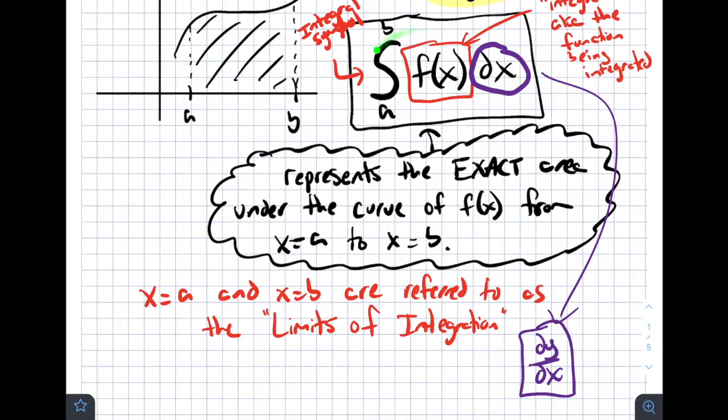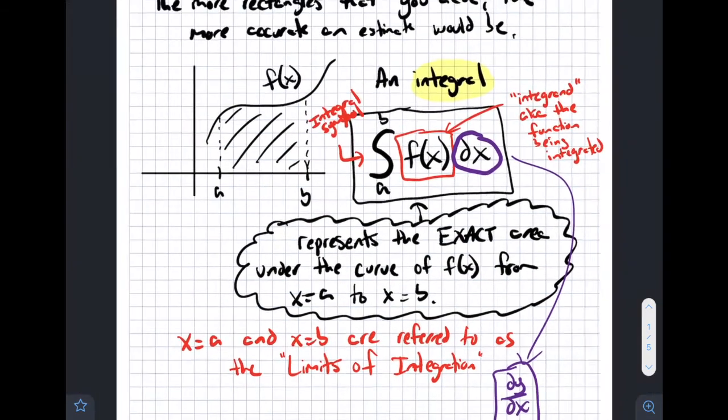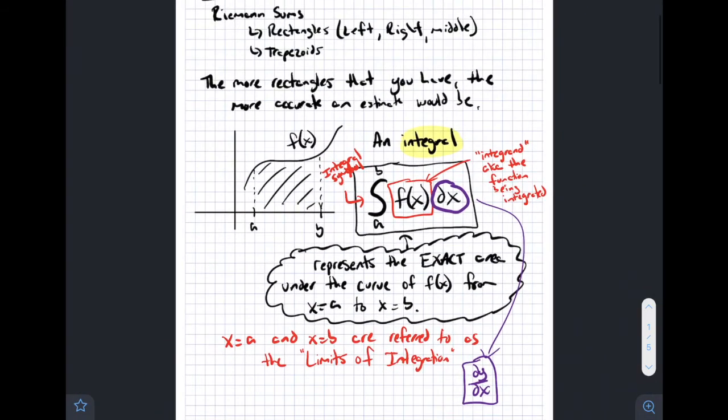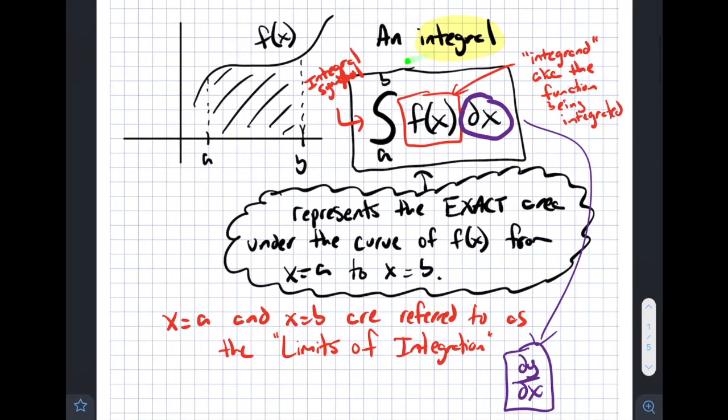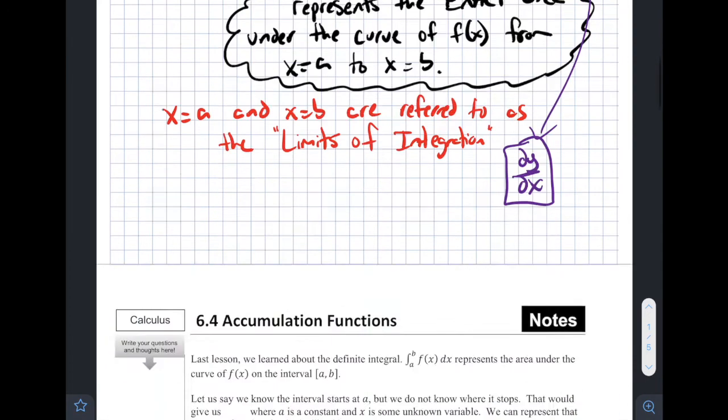We're taking the integral of this function f of x with respect to the variable x. So it's identifying the main variable that we're using for integration. Great. With that introduction, we're going to get into the actual content for 6.4. We now know what an integral is, what that symbol is, and we'll see some examples with it going forward.